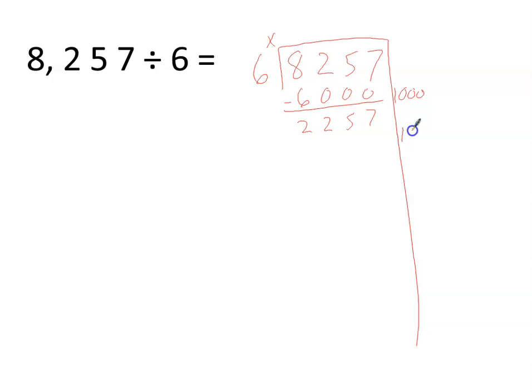How about 100? 100 groups of 6 would be 600. Do some borrowing. We're at 1,657. We can do that same move again. 100 groups of 6 is 600. And I'm at 1,057. Let's go one more time. 100 groups of 6.